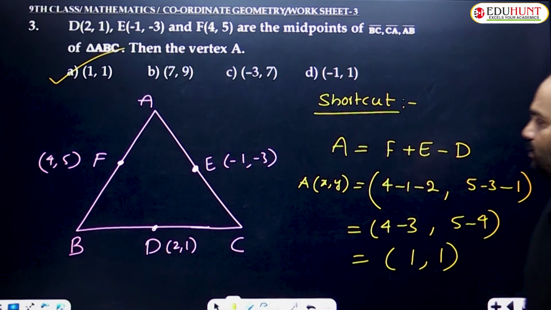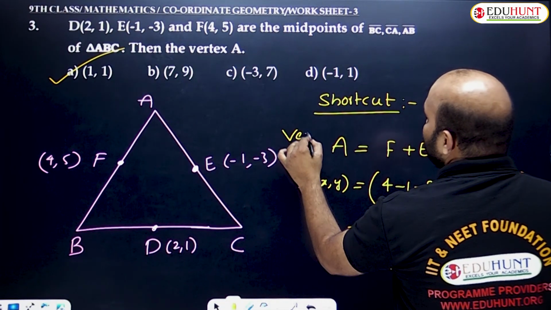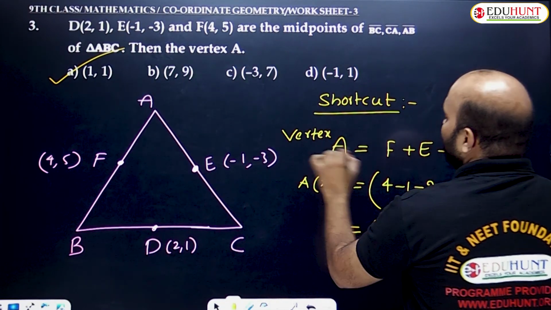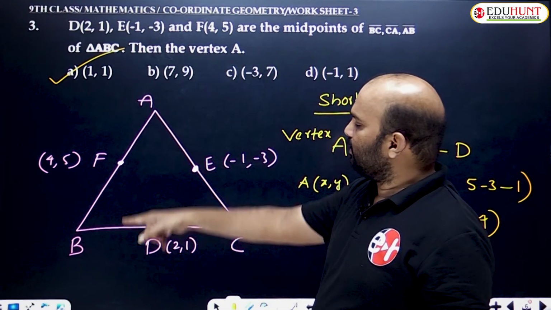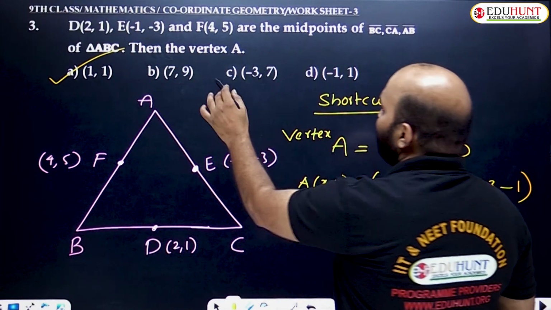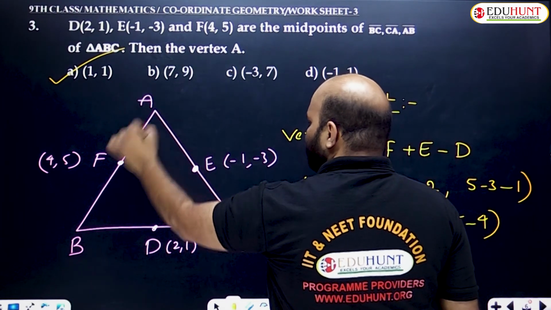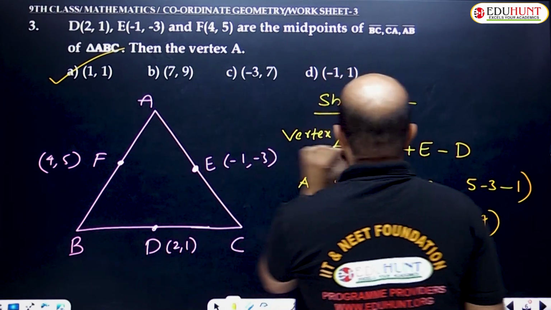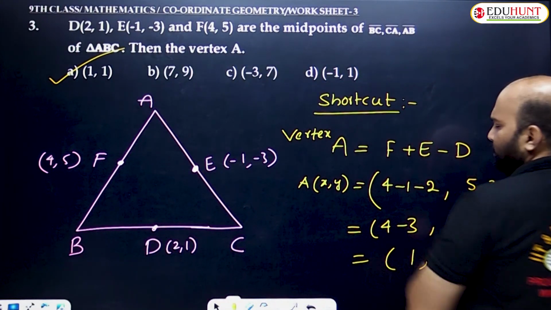This is the shortcut idea. If it is asking for the coordinates of vertex A in a triangle, clearly the adjacent midpoints should be added, and the opposite midpoint should be subtracted from the remaining two.